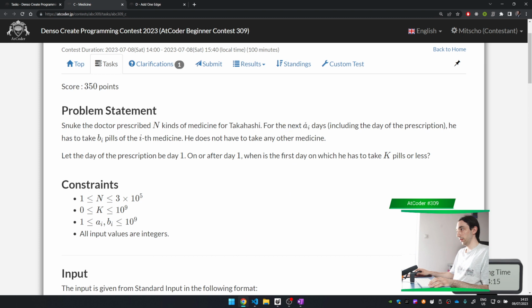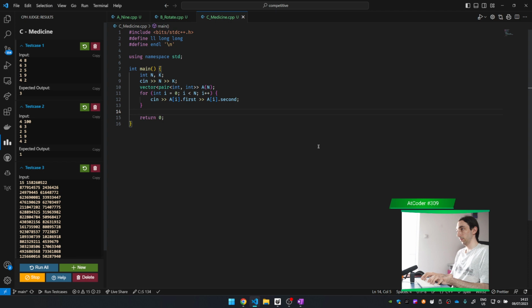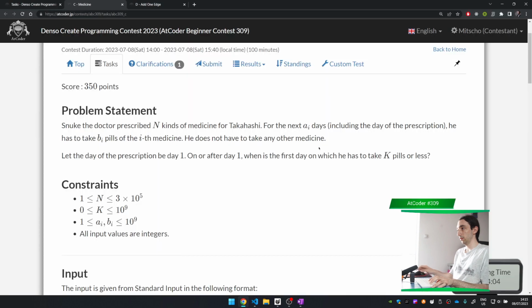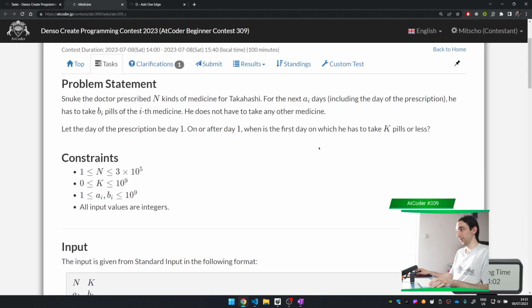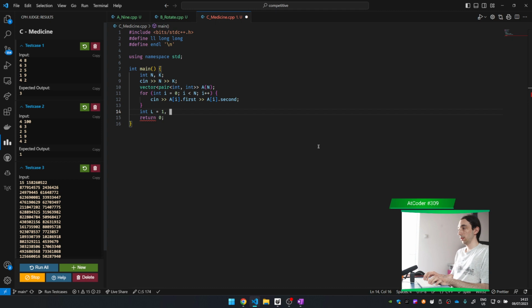And for the next a_i days, he will take this medicine. And I will binary search. I will start at day 1 and end at some day.